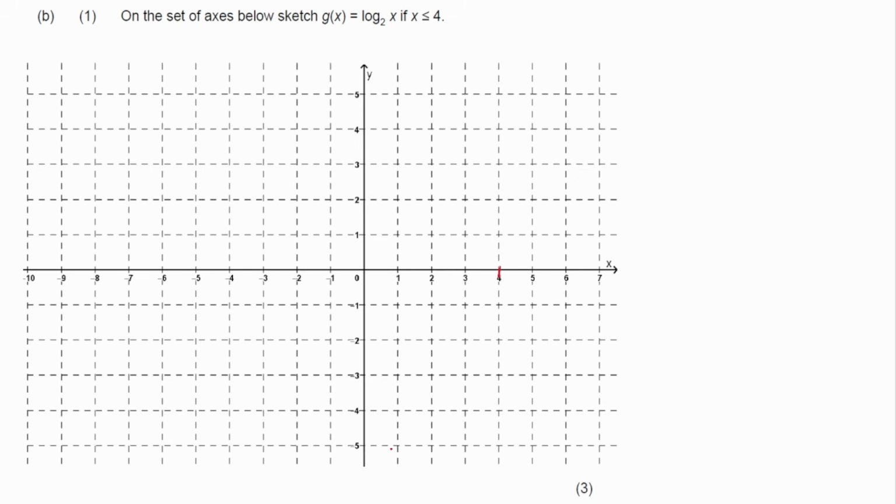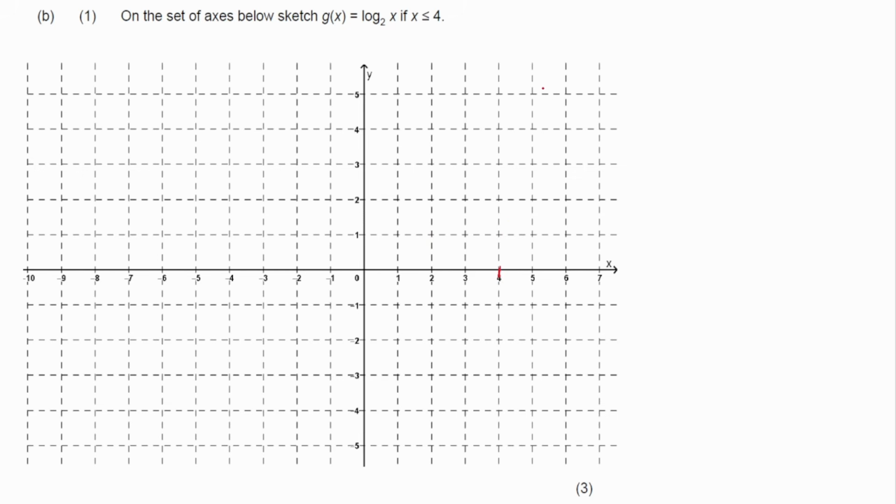So you should remember from your theory that it looks something like, not like that. It looks something like this. Okay, so again, it's not perfect. Let me try one more time. It's going to look something like this. That's a general log graph. Okay, so that's the general shape, which is important to know.